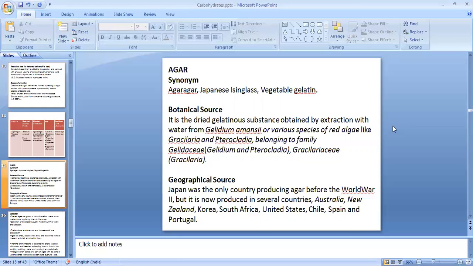It is the dried extract, and chemically it comes under carbohydrates, and it is used as a laxative as well as a pharmaceutical aid. Otherwise, it is called agar-agar, Japanese isinglass, and also vegetable gelatin.